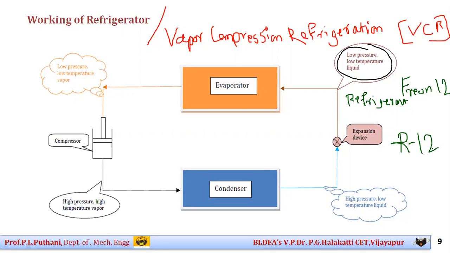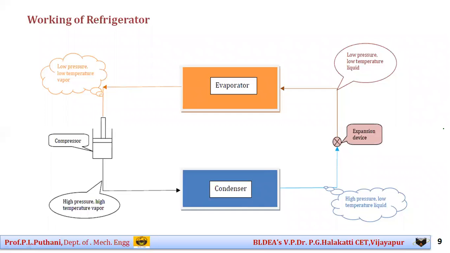In today's session, students, we have discussed the parts of a refrigerator and the working of a refrigerator, which is the same explanation as for vapor compression refrigeration. In the next session, we'll be discussing vapor absorption refrigeration.